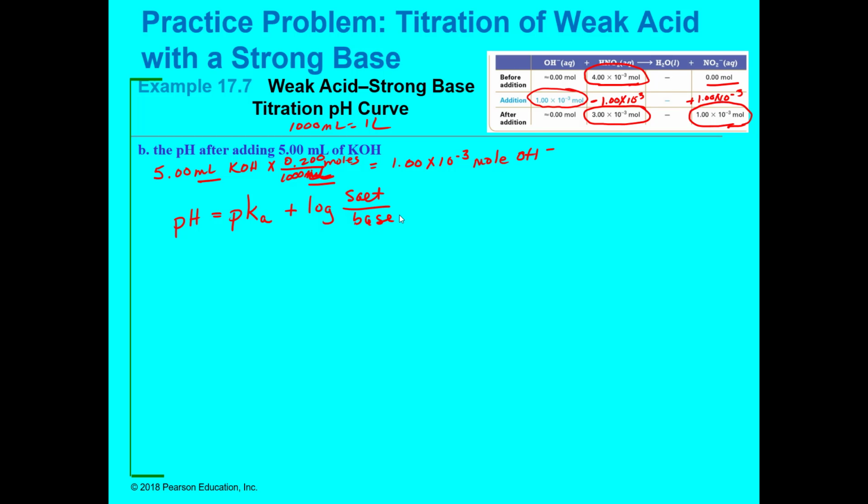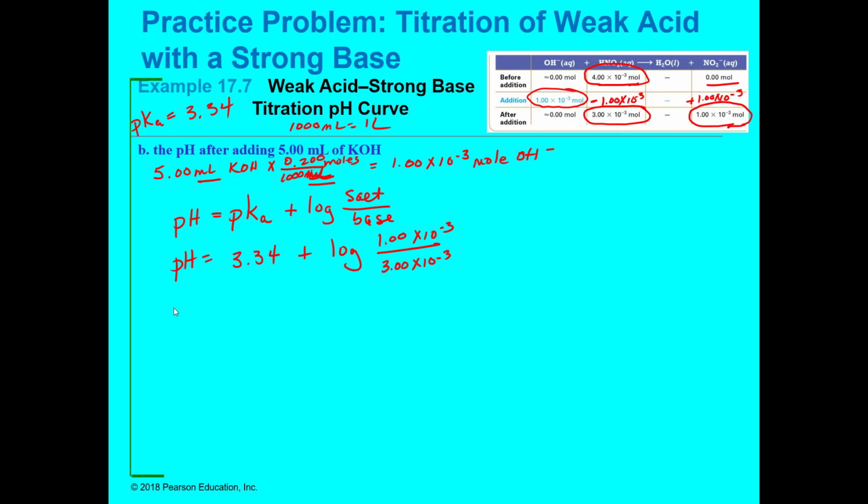And so we saw earlier that the pKa, I told you in the problem a minute ago, was 3.34. So I'm going to plug that in. The pKa is 3.34 plus the log of the salt divided by the base that I have left at the new equilibrium number.